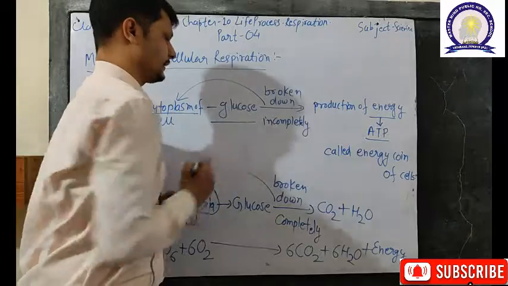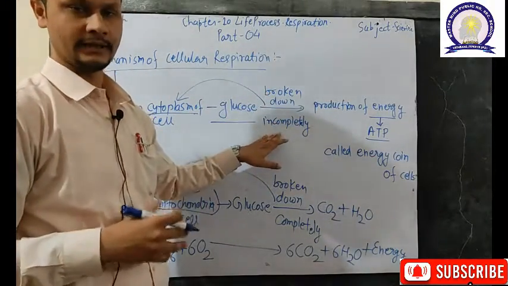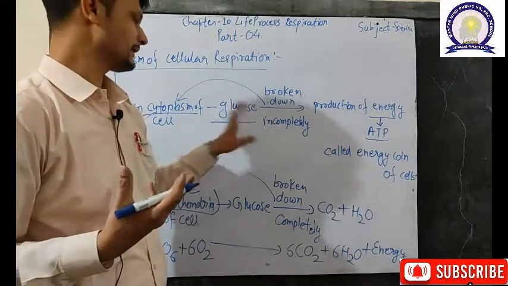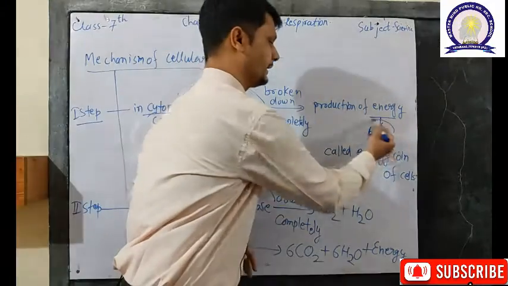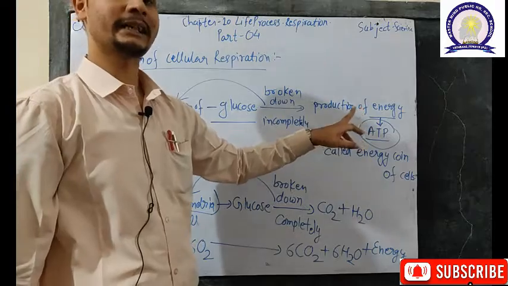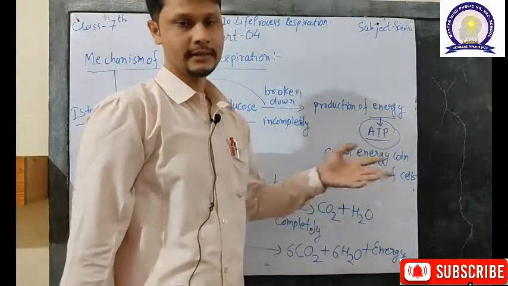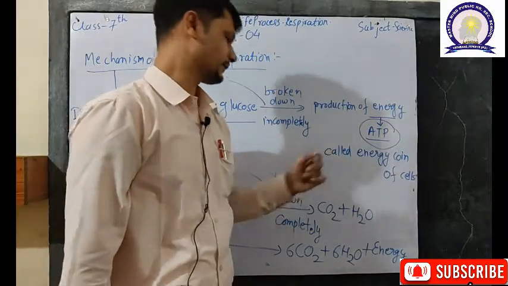What occurs in the first step is that glucose is broken down incompletely. The oxidation or breaking down of the glucose occurs incompletely in the cytoplasm with the production of some amount of energy in the form of ATP, or adenosine triphosphate, which is also called the energy coin, or the energy currency, of the cell.